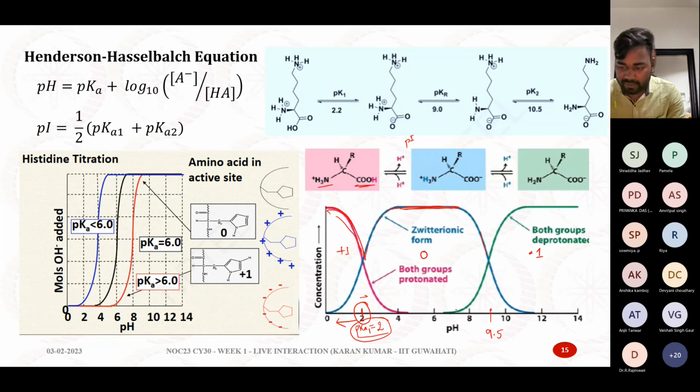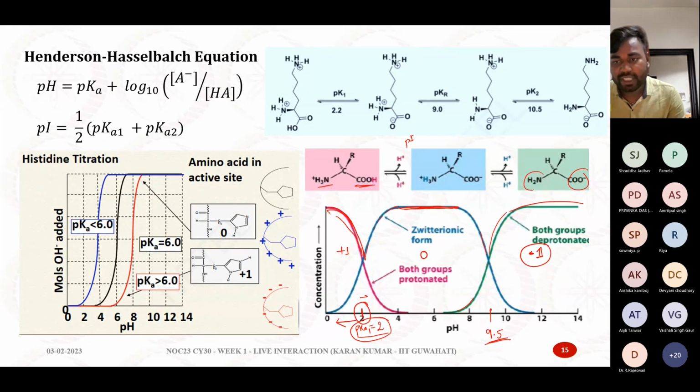Till pH 9.5, a few of the amino acids will have the zwitterionic form, but once you cross this state, the zwitterionic form will decrease, and both the alpha amino group and alpha carboxylic group are deprotonated, and you will see the -1 state. This is the same information I discussed earlier, now represented by a graph.